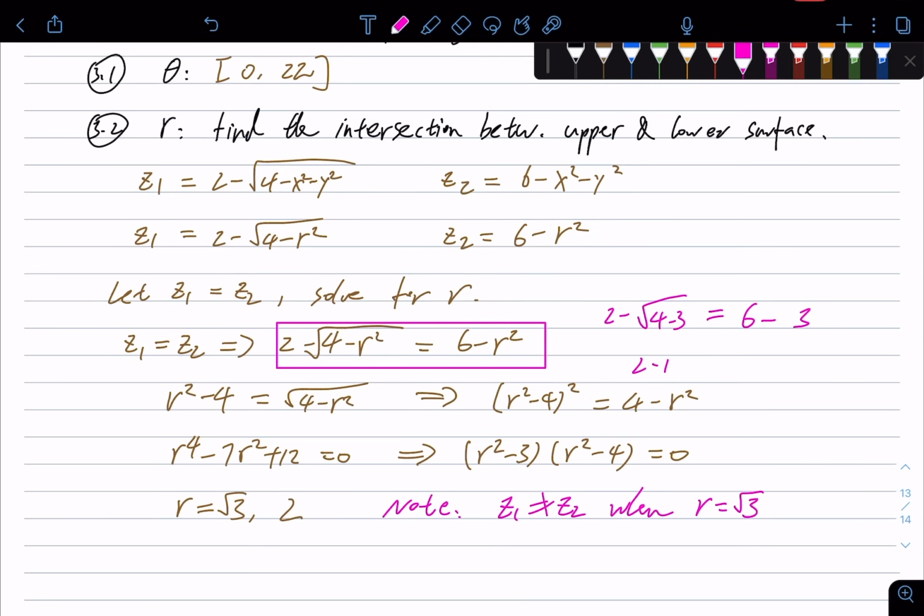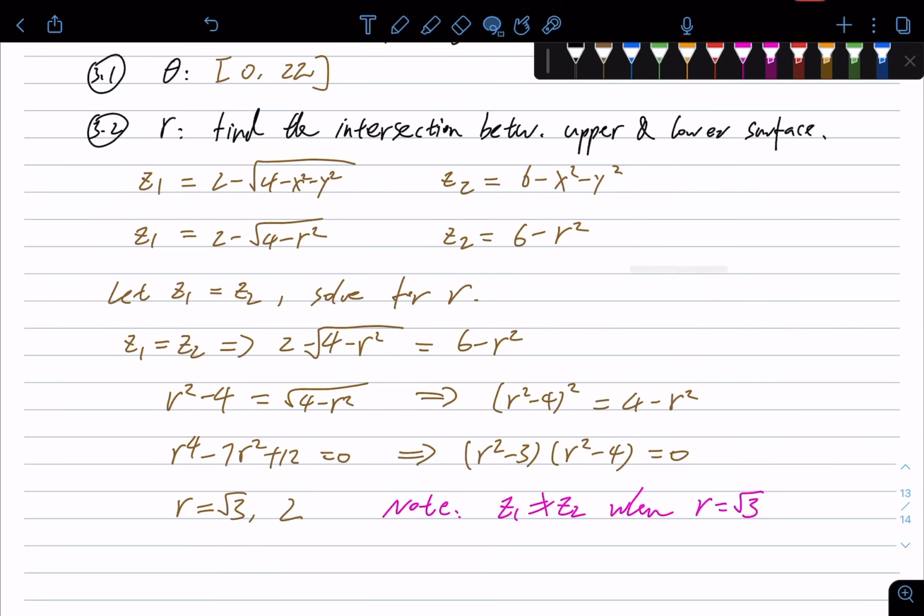So 2 minus 1 does not equal 6 minus 3, right? They just do not equal each other. But what if we replace r with 2? So 4 minus 4, 6 minus 4, right? Now it's 2 equals 2. All right, so this equation now is valid.